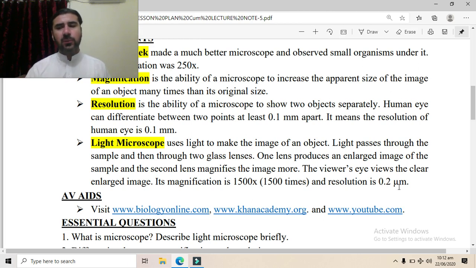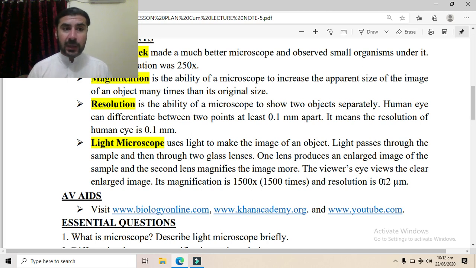A resolution of 0.2 micrometer means that the light microscope can differentiate between two close objects when they are at least 0.2 micrometer apart. When they are at least 0.2 micrometer apart, they are clearly viewed through the light microscope.